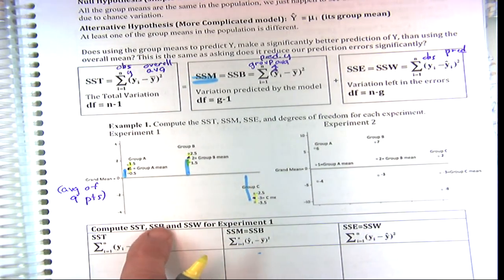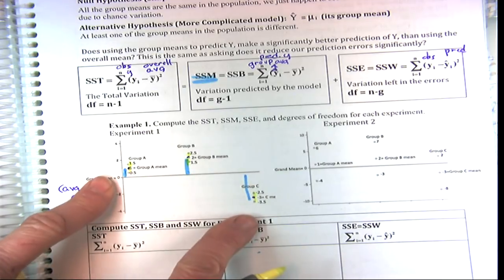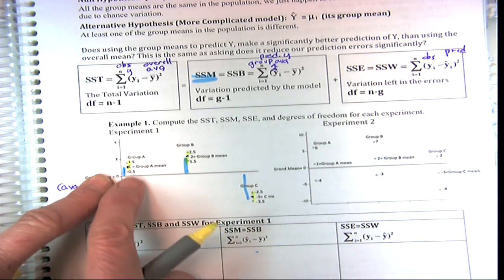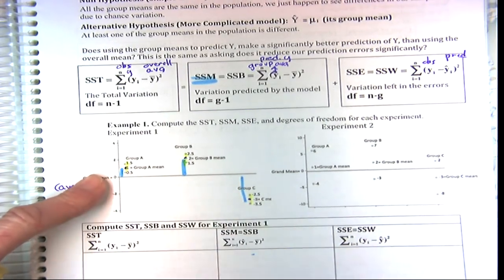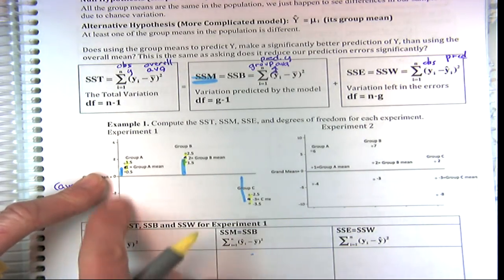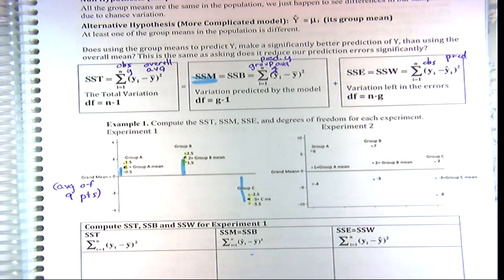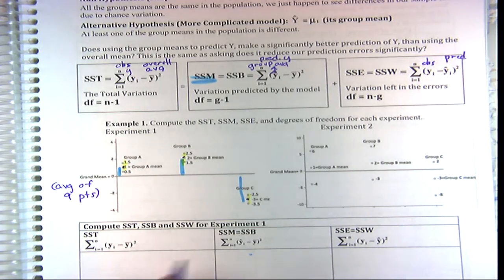And what ANOVA does is it compares your model, the blue, the ratio of that, to the yellow here, to the error. And if that's large enough, you'd expect it to be about 1 when the model's no better than the error. So that's the idea. And let's work it out.